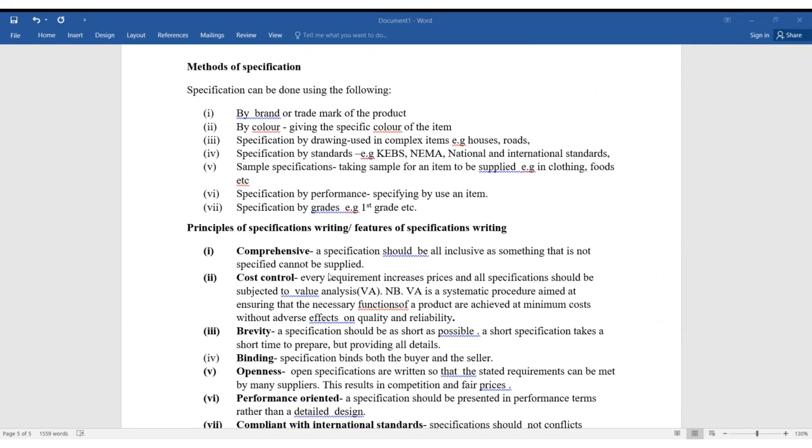But one thing I urge students is to always turn up so that they may be able to pick up on what is necessary as far as this unit is concerned.